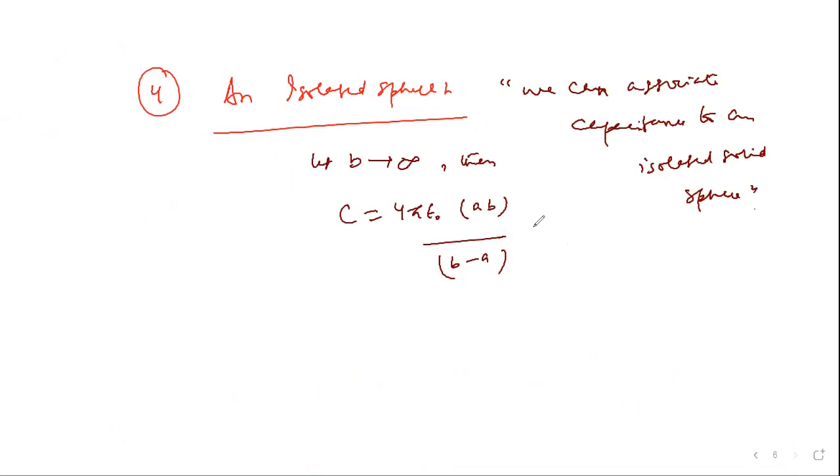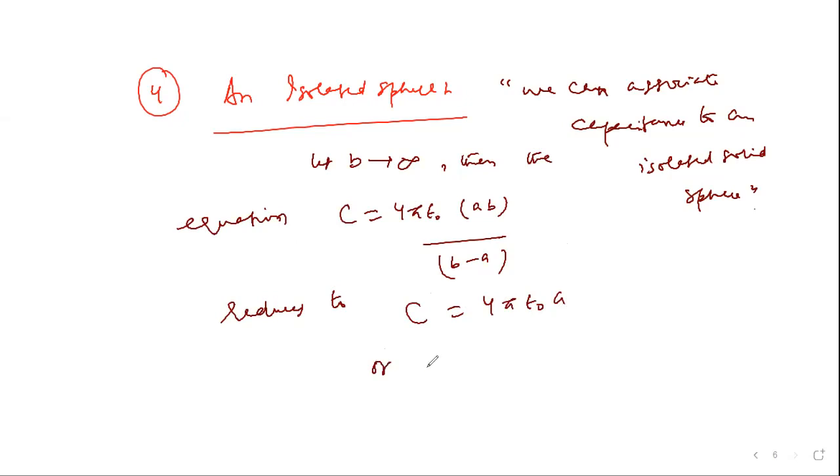Then this equation reduces to C is 4 pi epsilon naught A, right?